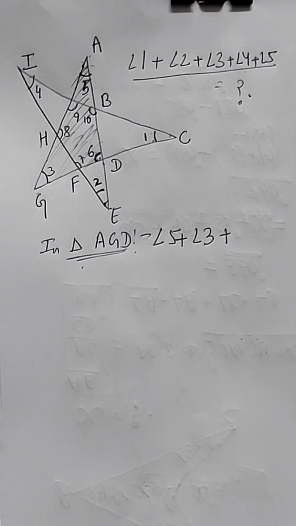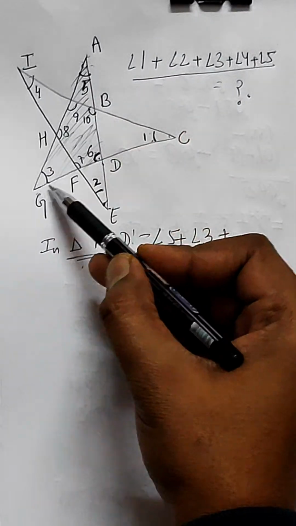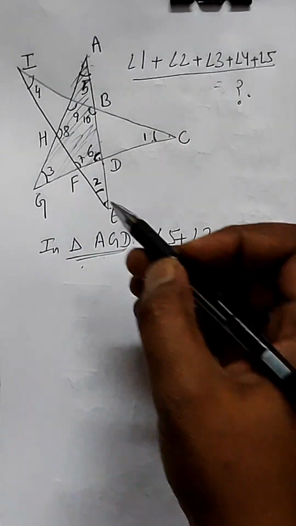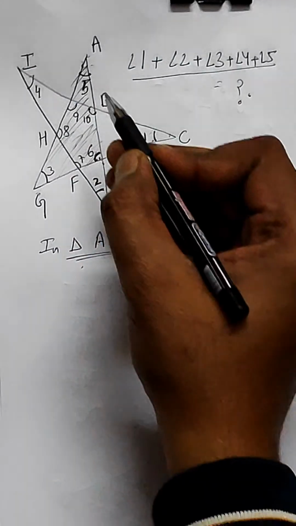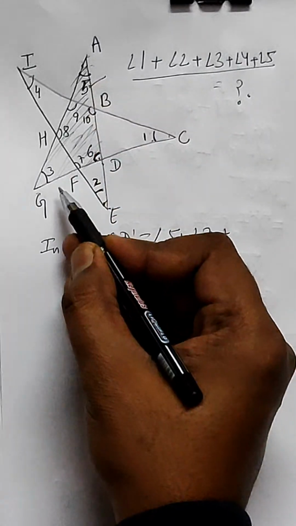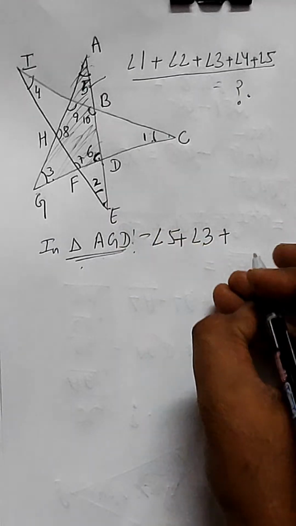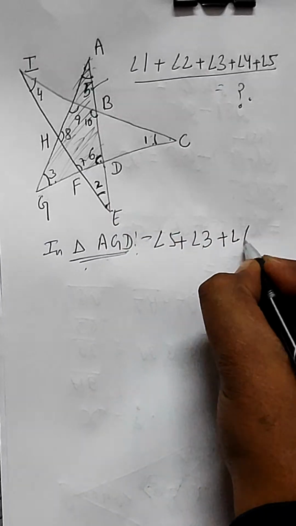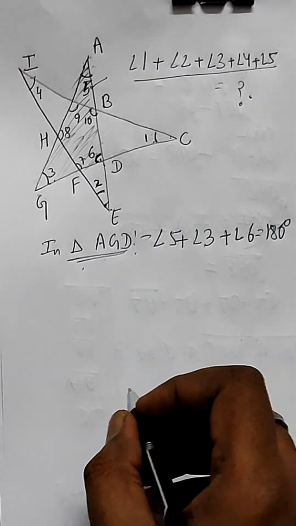Yeah, Bob. Thanks. So in triangle AGD, you know that the sum of all the angles of a triangle is equal to 180 degrees. So we can say that 5 plus 3 plus 6 is equal to 180 degrees.